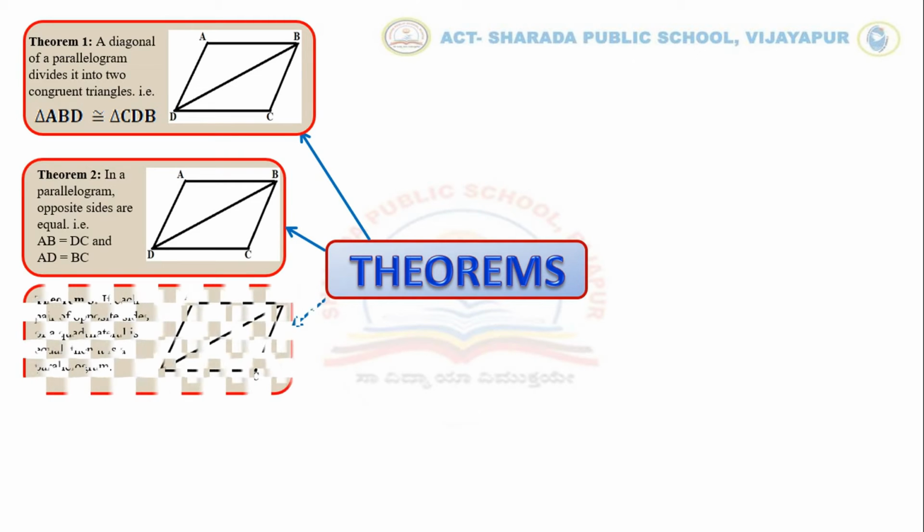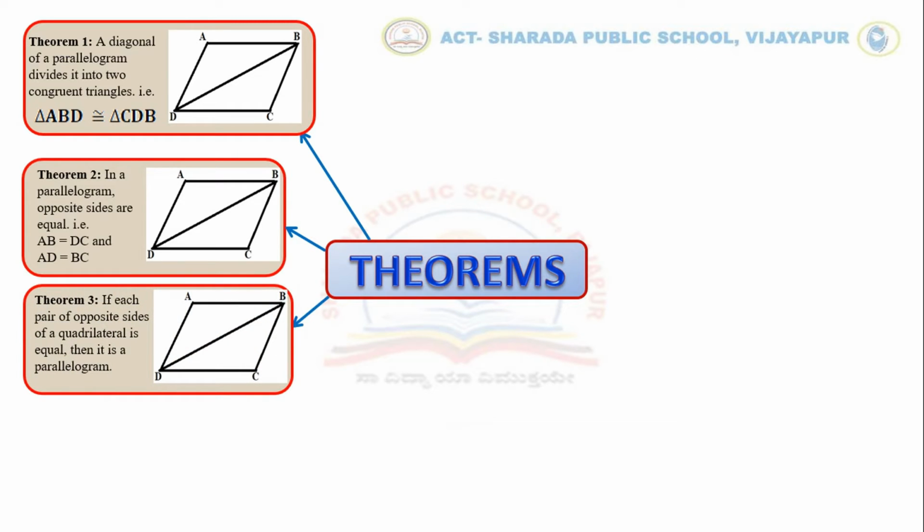Theorem 3. If each pair of opposite sides of a quadrilateral is equal, then it is a parallelogram. It is given that ABCD is a quadrilateral. To prove that it is a parallelogram, given that AB is equal to DC and AD is equal to BC, we have taken the S and S criteria.